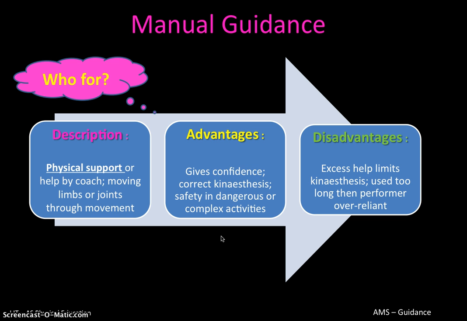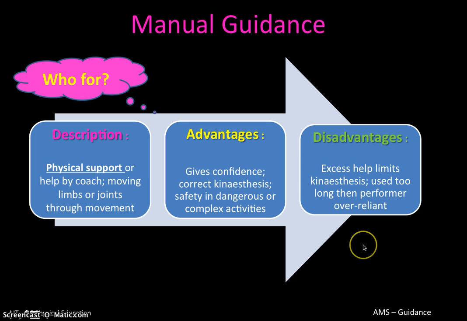You might help them get the correct kinesthesis or the correct feel for the shot. And again, trampoline or gymnastics are nice examples where, for particularly dangerous or complicated actions, that can provide security for the learner, so it can create a safety.